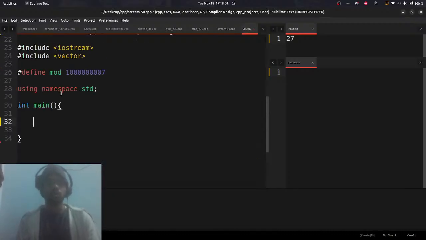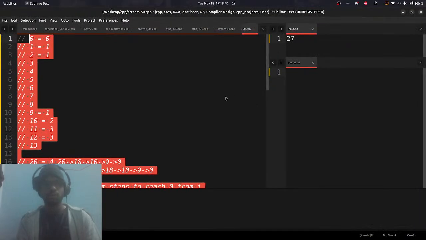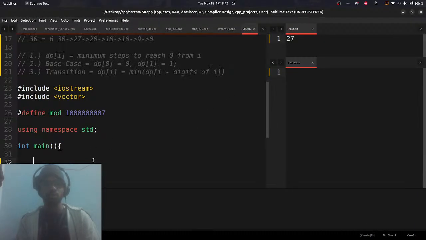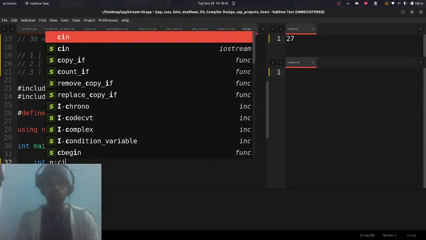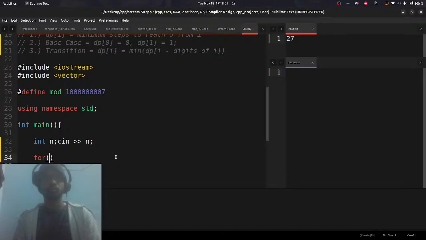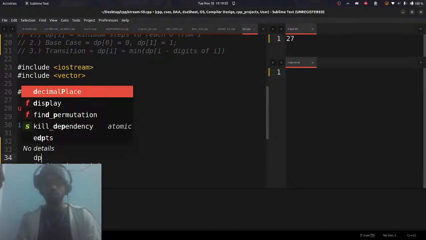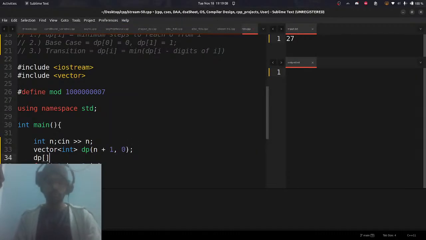Let's do it here. int n, cin n. vector int dp of n plus 1, everything is 0. dp[0] is equal to 0, dp[1] is equal to 1.